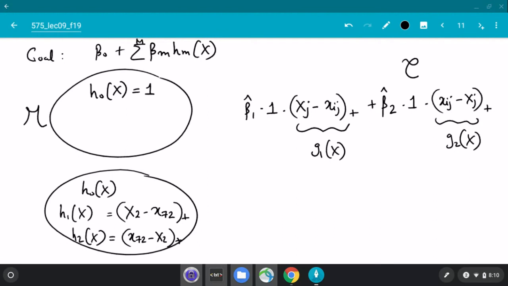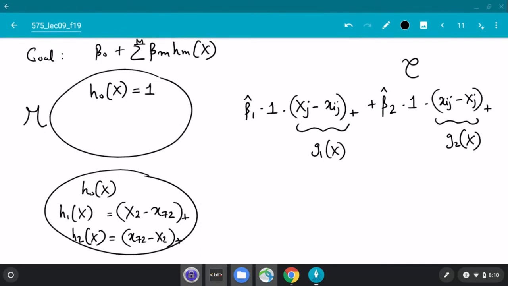These are the two functions I added. And there's going to be some corresponding betas. So now I have a bigger set script M. I added two additional functions here. Now I want to add two more functions.